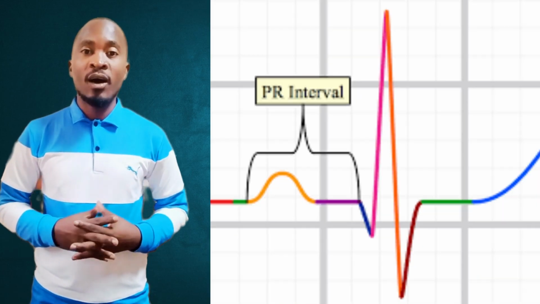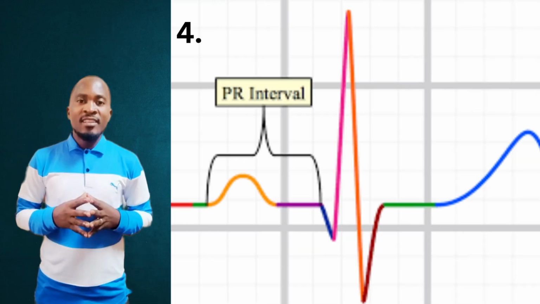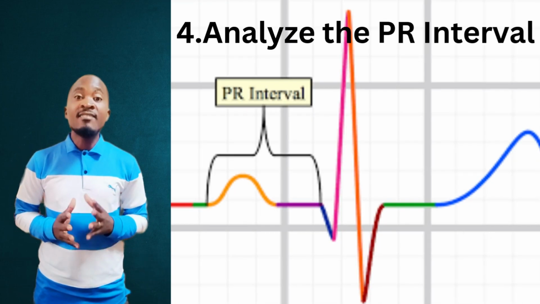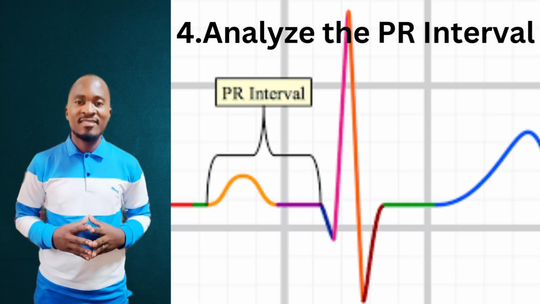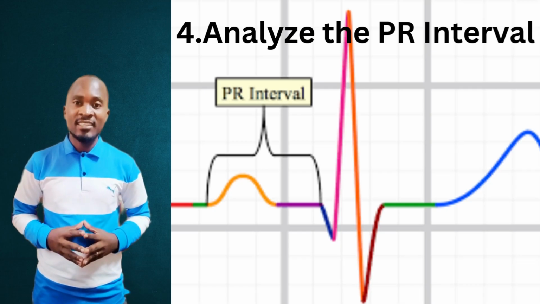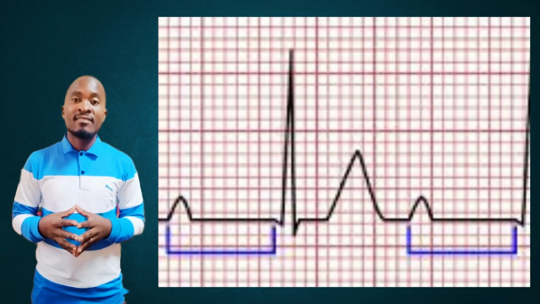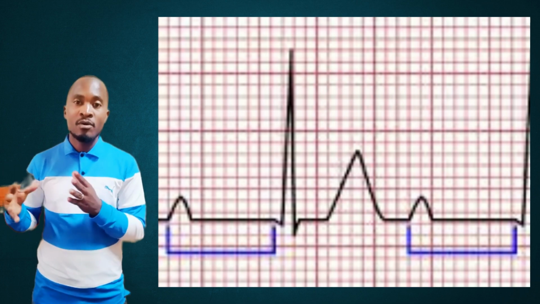The fourth question that you need to ask yourself is about the PR interval. And in the PR interval, one of the questions you ask is, is it within 3 to 5 small boxes? If the answer is yes, then also analyze the subsequent PR intervals. Are they the same?